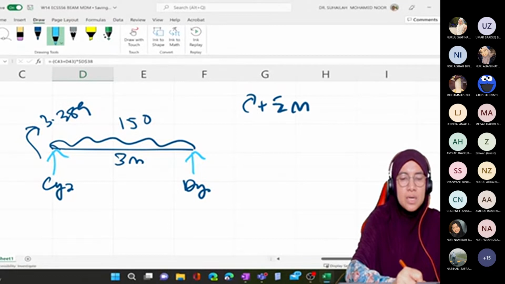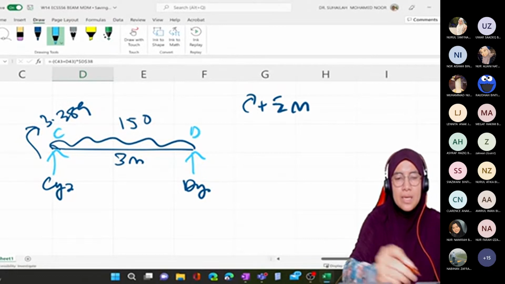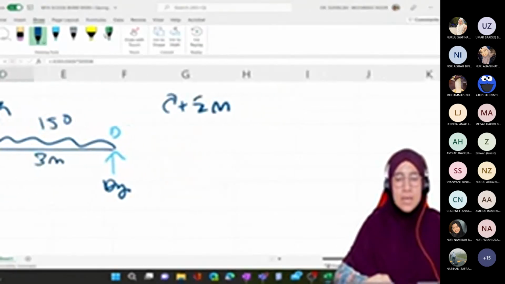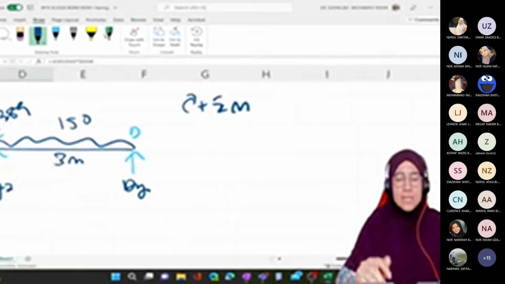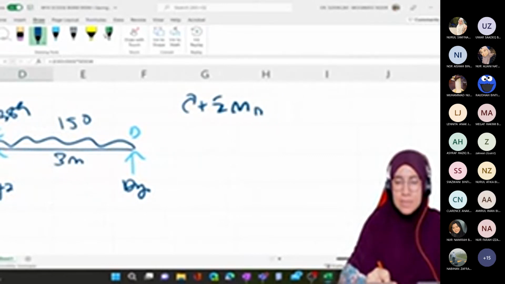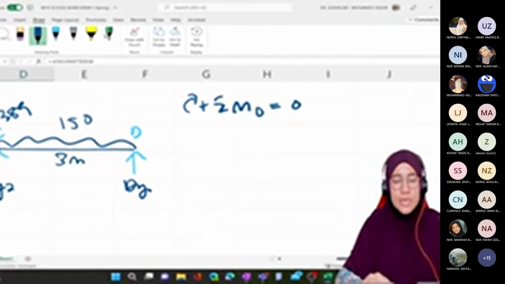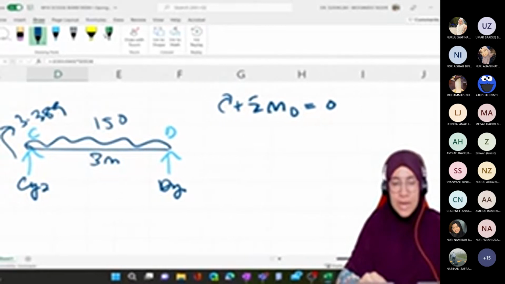Total moment. So sini C and D, let's say take moment at D equal to 0. So we get CY2 first, right?